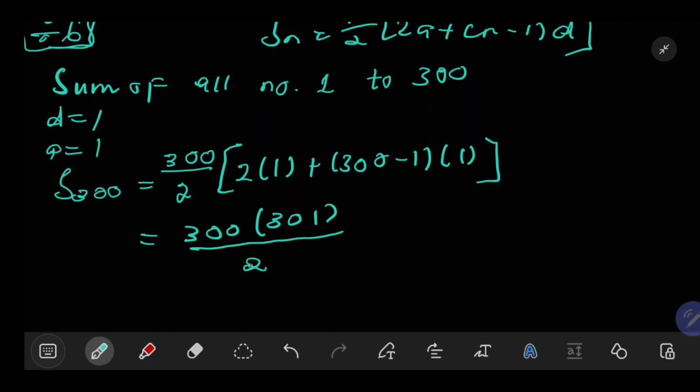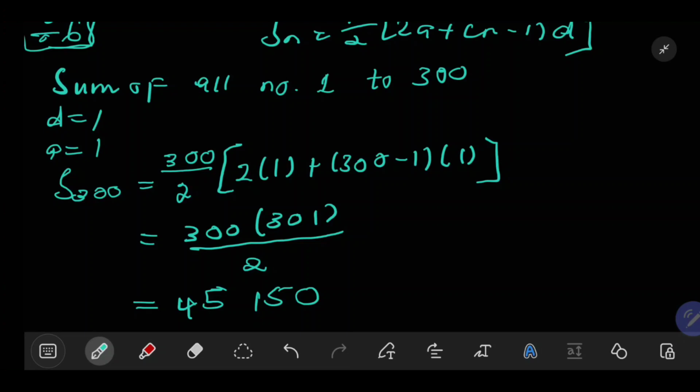Then this is divided by 2, and then now the sum of those numbers, it's 45,150. So this is the sum of all numbers from 1 up to 300.